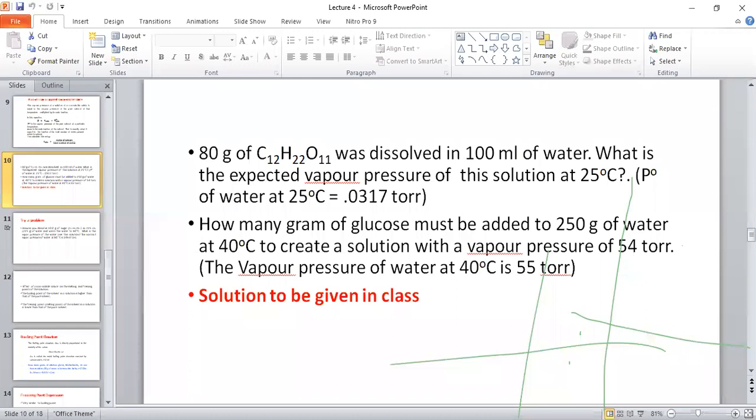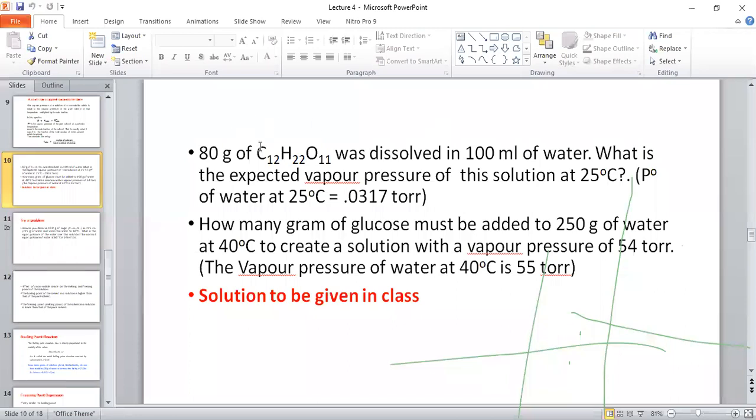The vapor pressure of the pure water is given to us as 0.317. So now we have obtained X as 0.959. So P will be 0.959 multiplied by 0.317. Did you get that?